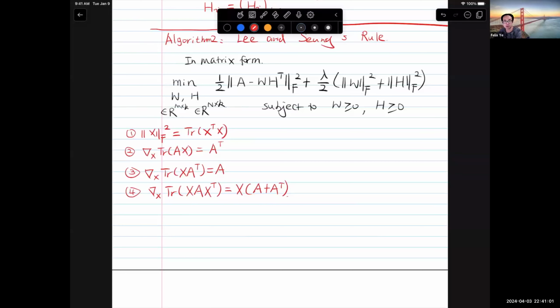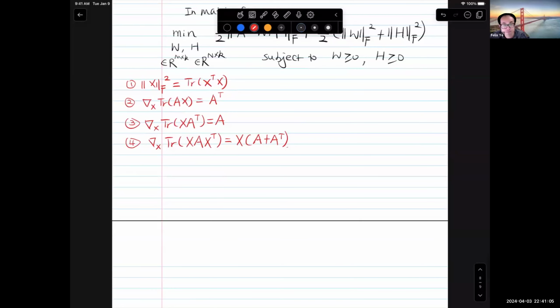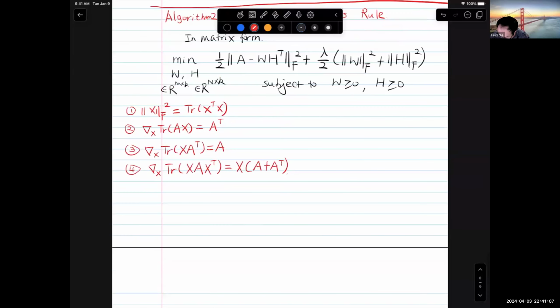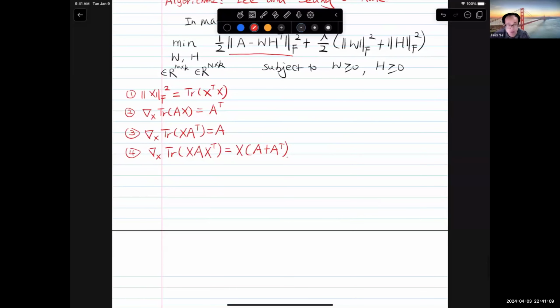So we can try to expand things a little bit. The first thing that will be helpful is this term, A minus WH transpose.